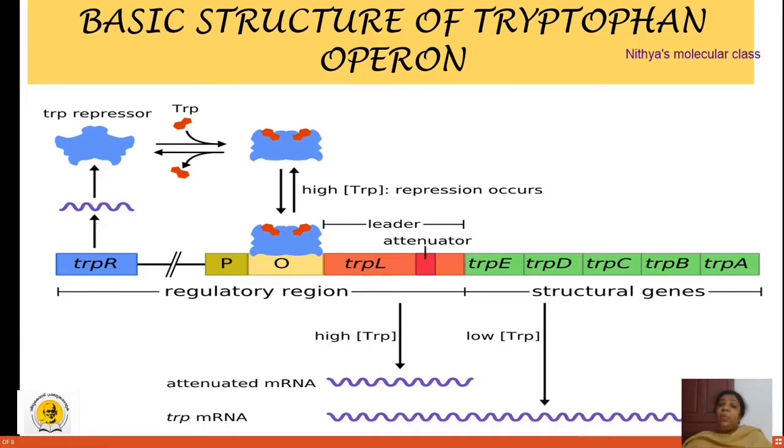We can study the importance of the leader sequence in the coming slide, but it is also involved in the attenuation and anti-attenuation process of the tryptophan operon. That means it can repress or enhance the operon, which we can study in coming slides.